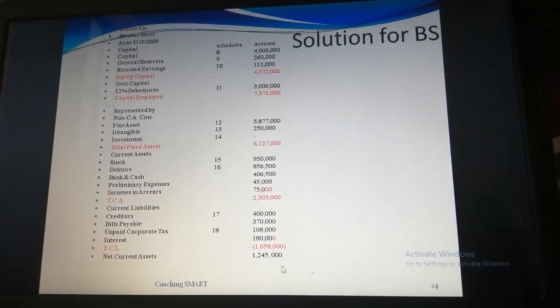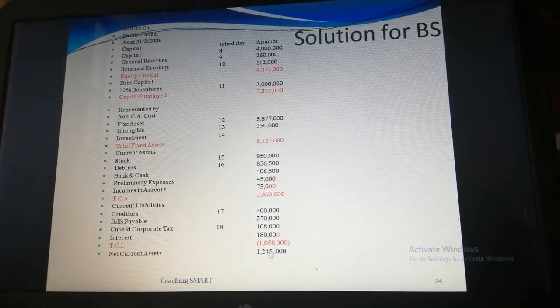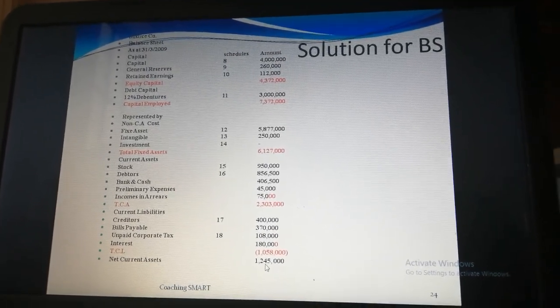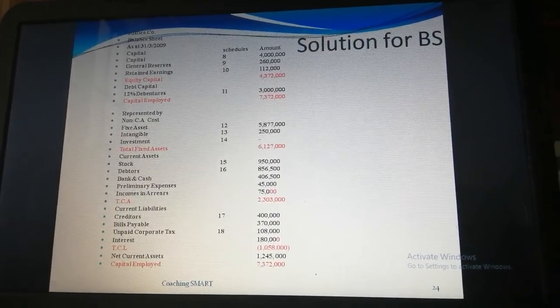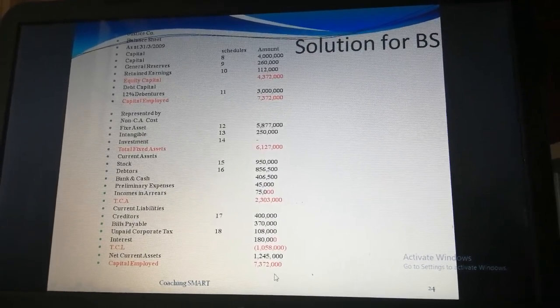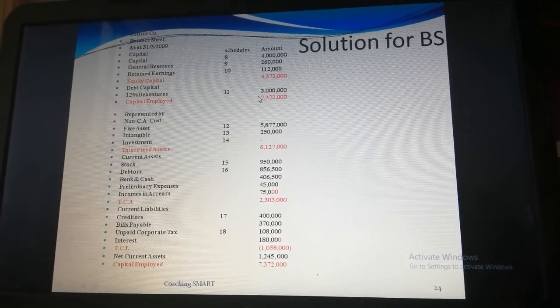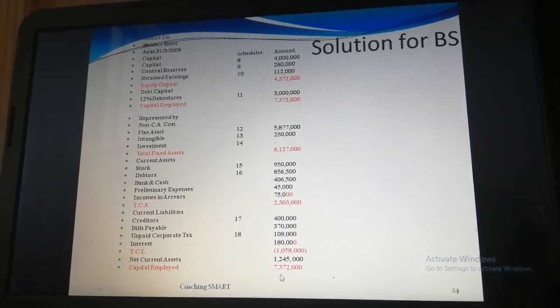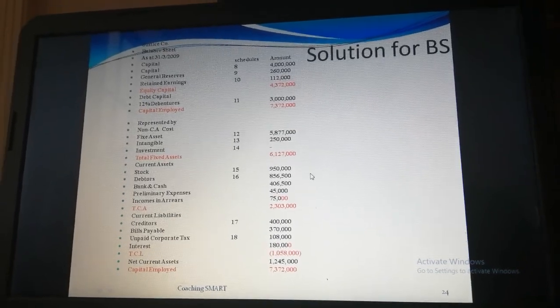Net current assets, total current assets minus total current liabilities, gives us 1,245,000. Now capital employed. Capital employed from the liability side is 7,372,000. On the asset side, 7,372,000. So our balance sheet is balancing.